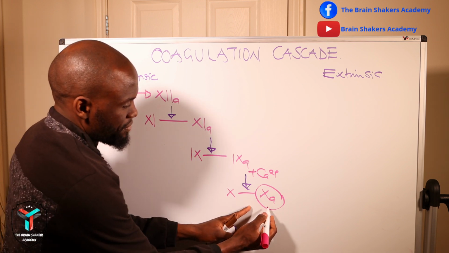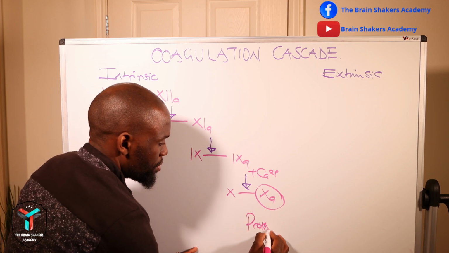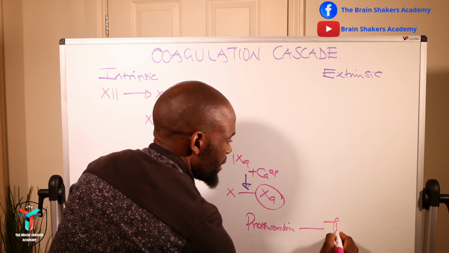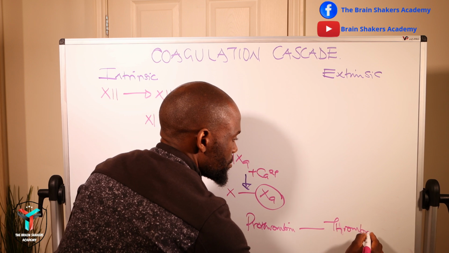So this factor 10A is going to convert prothrombin into its active form called thrombin.